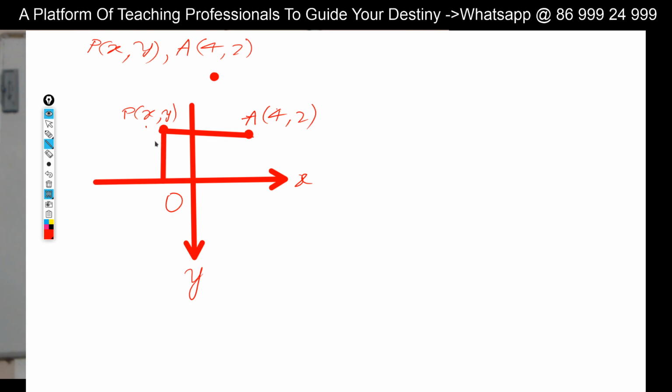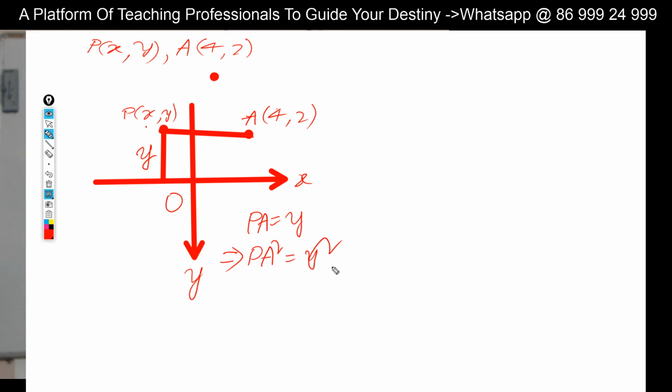What is the distance from P to x-axis? It is nothing but the y coordinate. Everyone knows that. We discussed that in the beginning of the introduction. It is y. So, PA is equal to y and PA square is equal to y square.